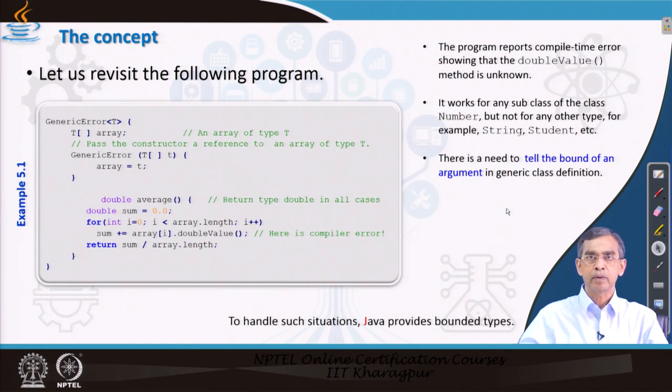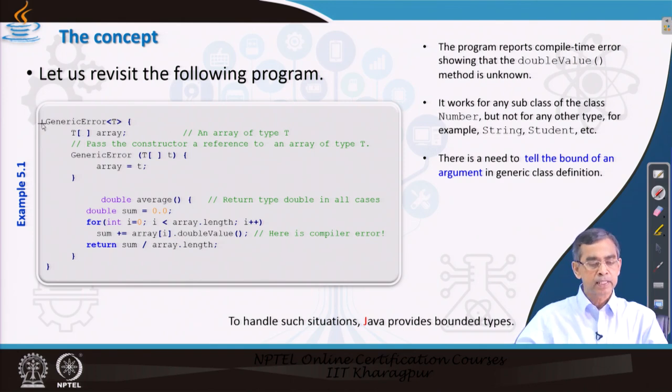If you want to access, for objects of a particular type, a method which is not defined in that class, then it will give a compilation error, as we saw in the last example.